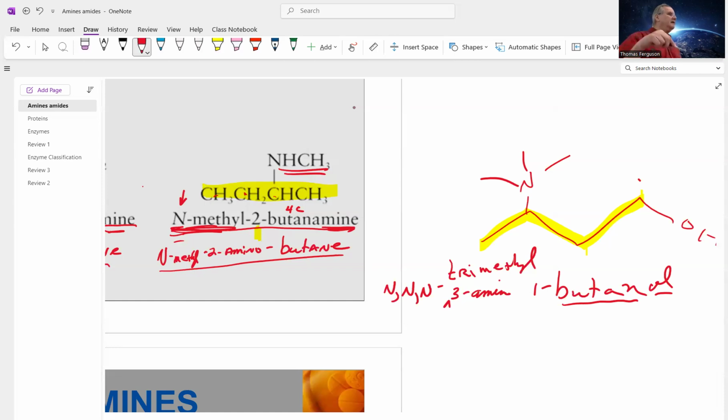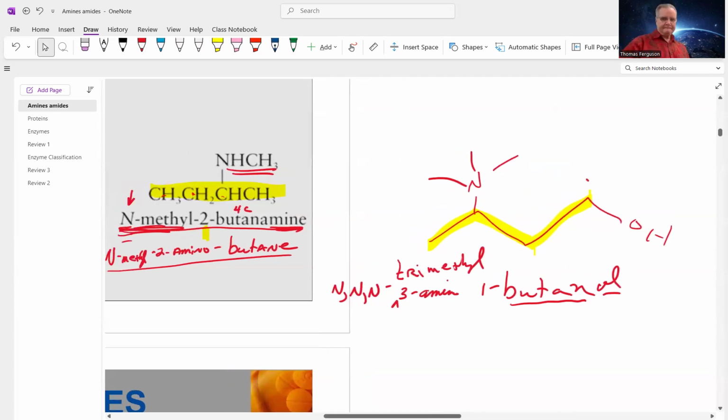Okay, does that make sense? So which way would be the correct way, say if it was a question on this? On the one on the left here, it could be either the N-methyl 2-amino butane or the 3-methyl 1-butane.